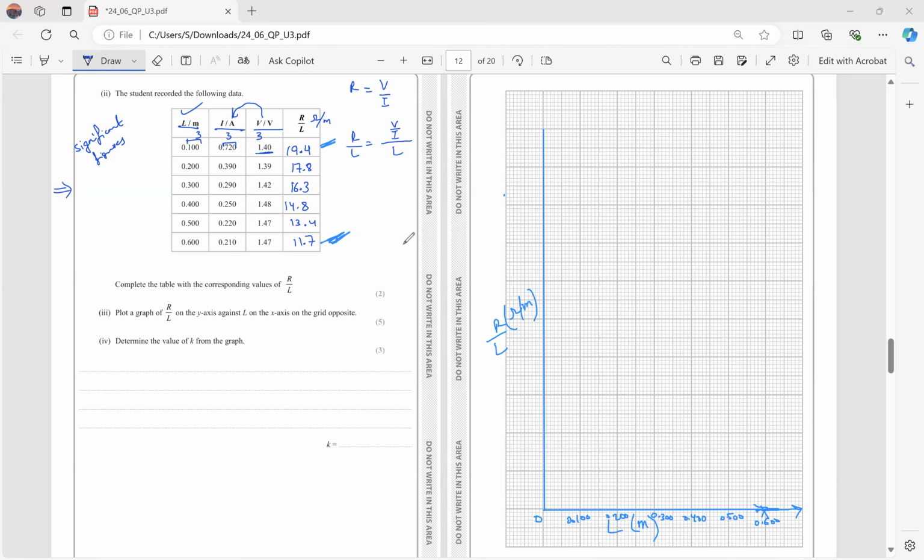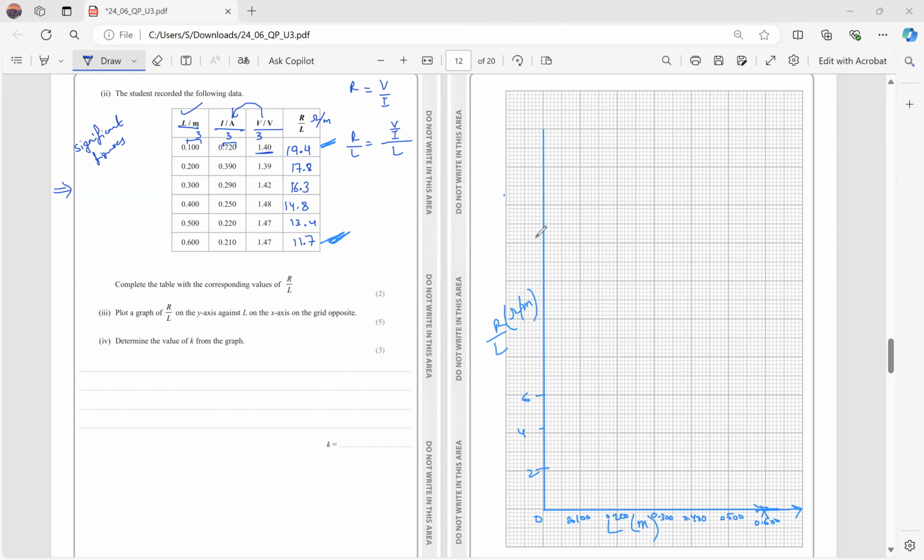Now R over L, if I think about a scale, because it's just between 11 and 20, let's take a scale of 12, 14, 16, 18, 20. Then to do that, if I start from 0, it would be 2, 4, 6, 8.